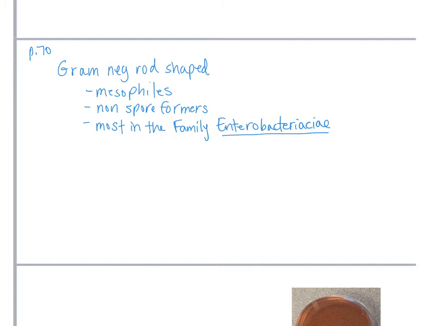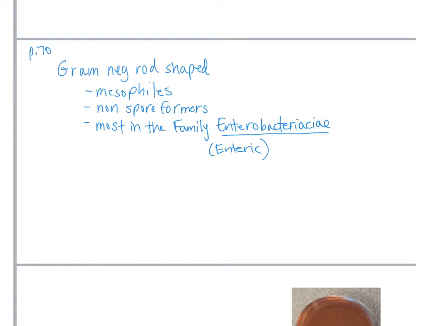Okay, so this is a group of organisms. You may not have heard this term Enterobacteriaceae before, but probably at some point you have heard the term enteric. Okay, we usually abbreviate Enterobacteriaceae and just call them enterics.